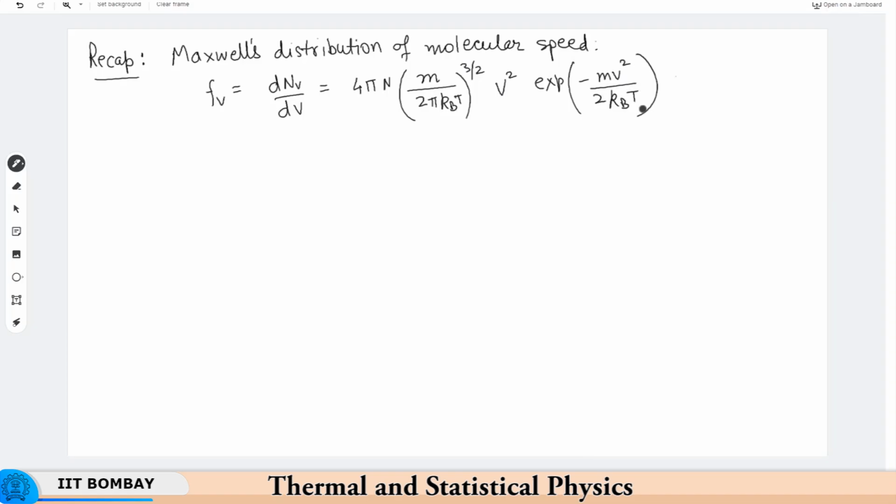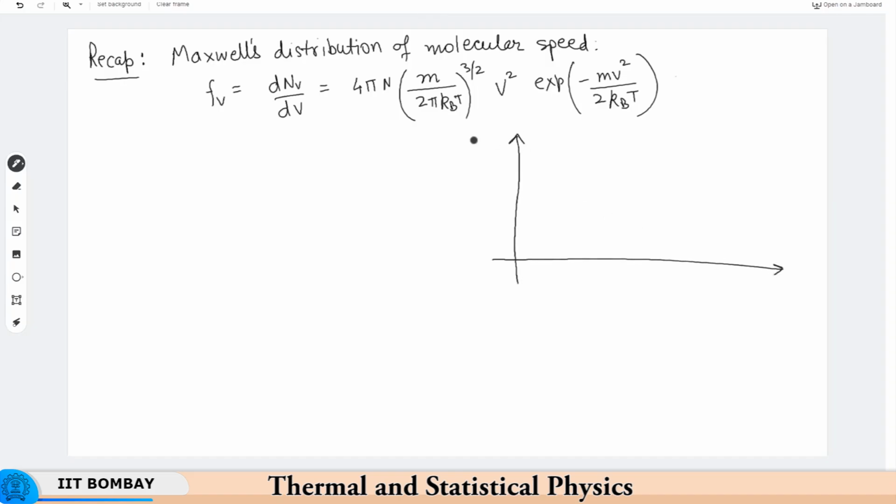So, this is what we derived, and we also plotted it in the last class. Okay, so this is how it typically looks.